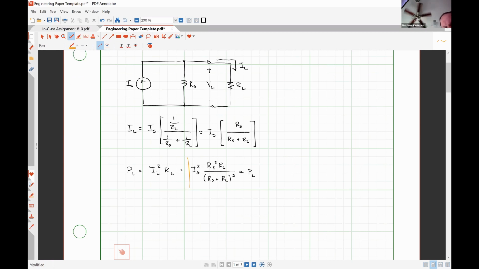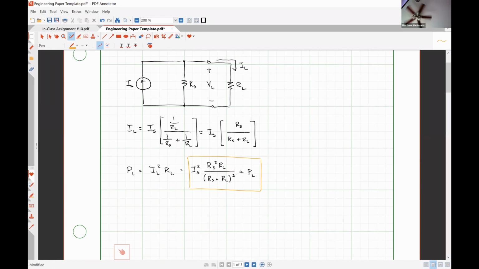The reason why this is important is because we have two different values for PL, and we have two different values for RL. And we also have two unknowns, IS and RS. So we can develop a system of equations, two equations with two unknowns, using our given values of PL and RL, and use them to solve for IS and RS.